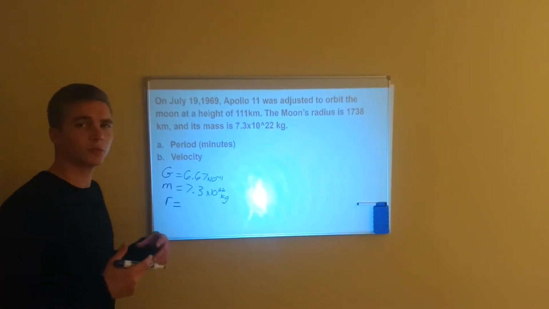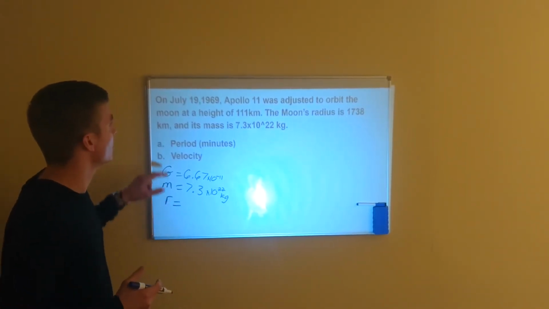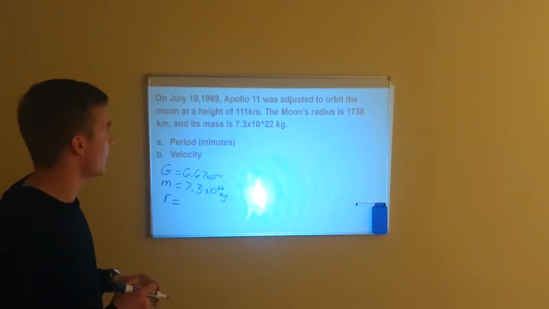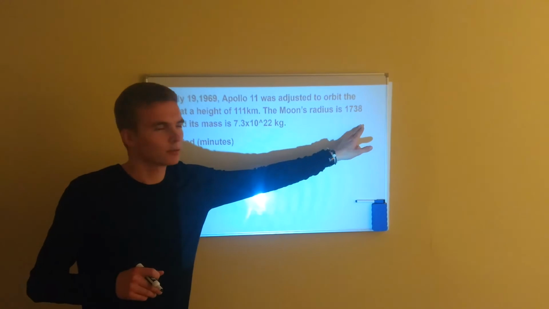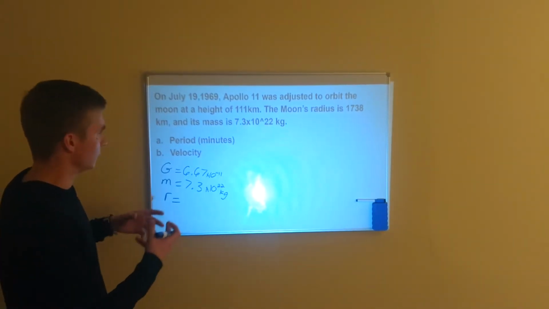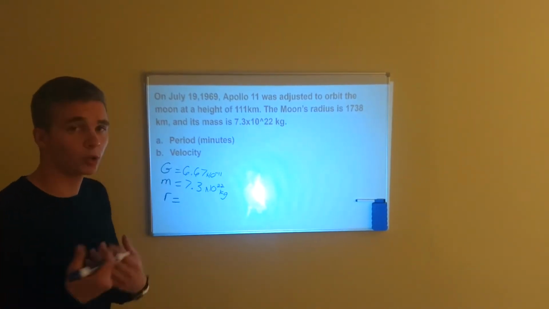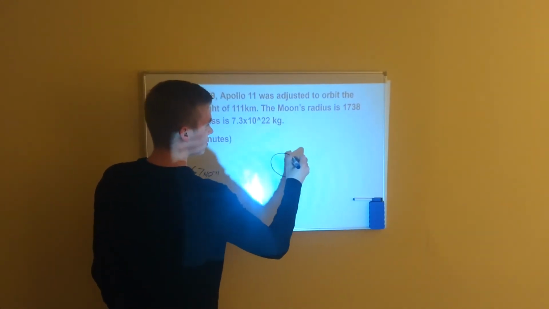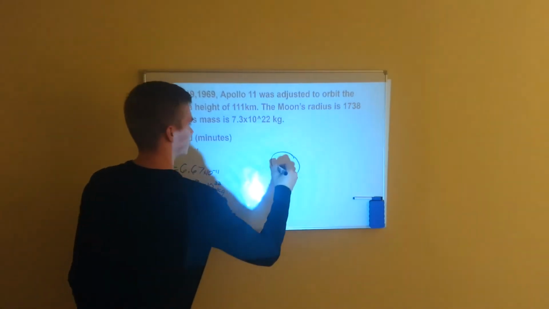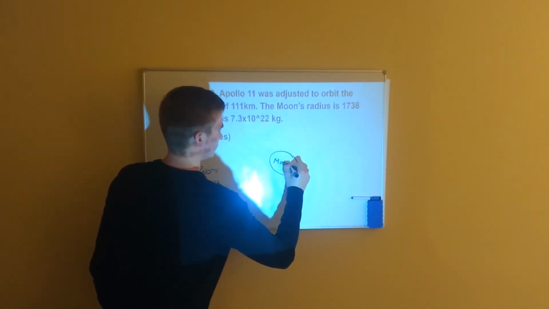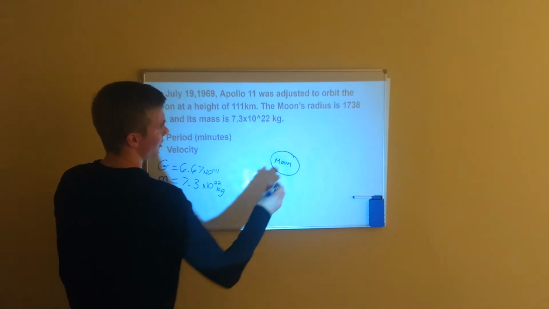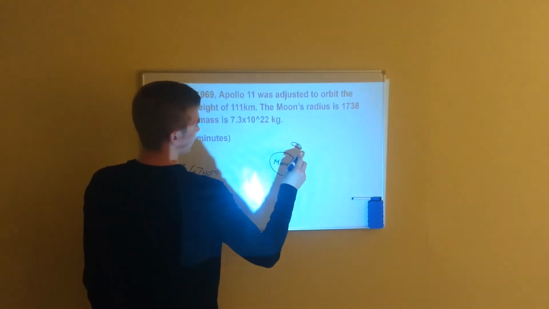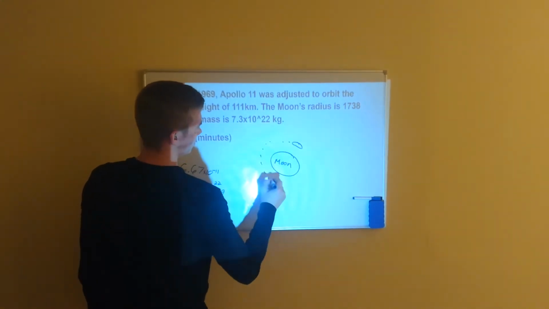Okay. The other thing that we're usually looking for in our problem is our R value. Okay? And I think some of you got a little confused because we see that it's at a height of 111 kilometers, and then it gives us the moon's radius. Okay, so not really sure what to put for R. Let me draw a quick picture, and I think this will help you. Here's a picture of the moon. Okay, Apollo 11 is somewhere floating around the moon.